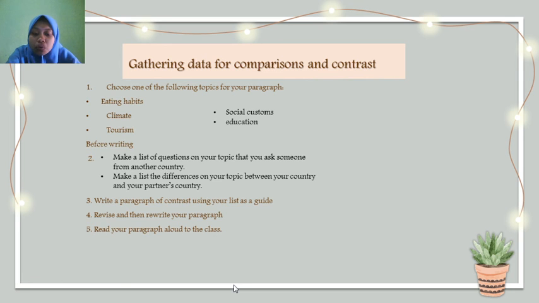Number three, write a paragraph of contrast using your list as a guide. Four, revise and then rewrite your paragraph. And five, read your paragraph aloud to the class.